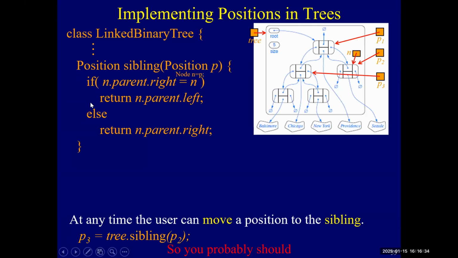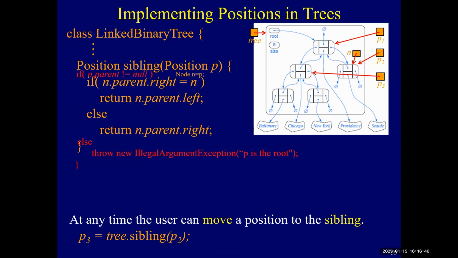So you probably should check in here to make sure you're not the root. Oh, and in fact, there we did it. See, it's amazing how somehow my slides know, right? So there it says, you better not be the root, right? Everybody following this?